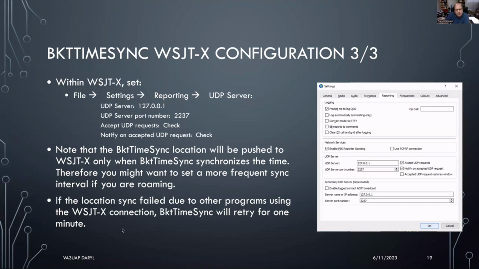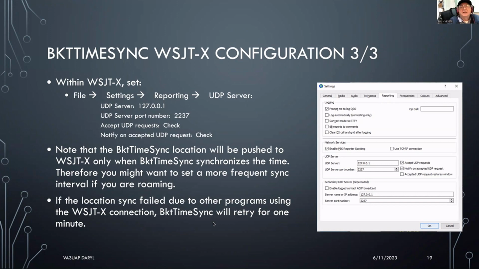What other software might interfere with this same port? Just to give you an example, JT Alert, if anybody's using it, might have asked for shared information at the same time that BKT time sync tried. In that case, BKT time sync is just going to retry within that minute to share this information again.